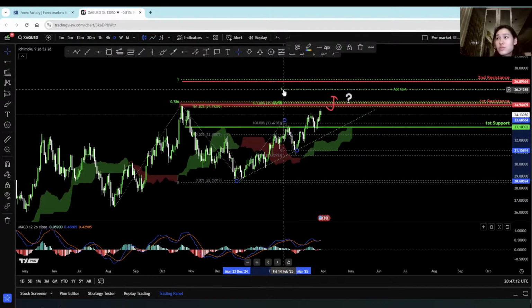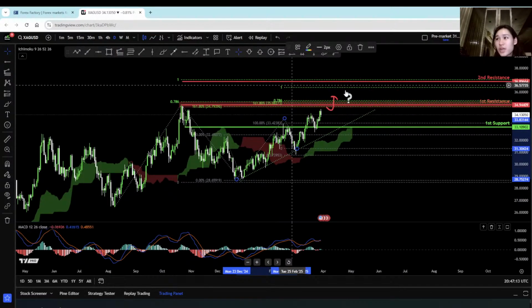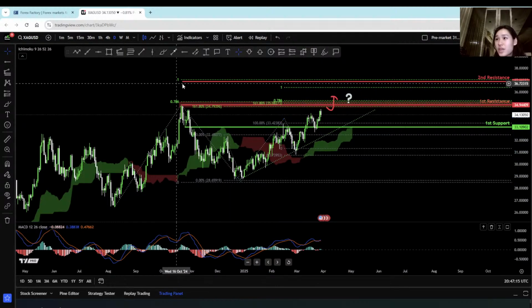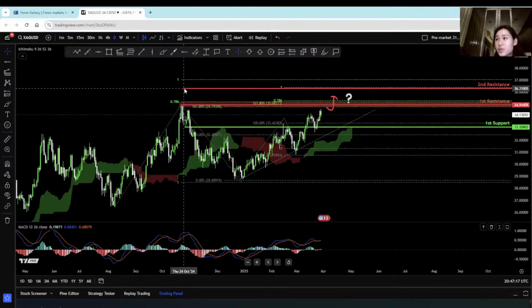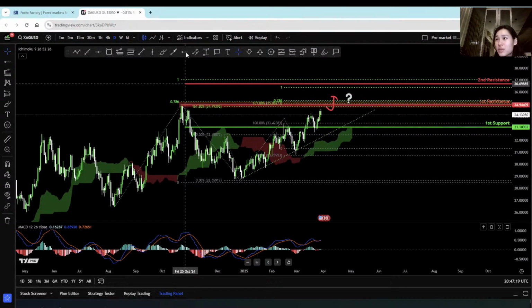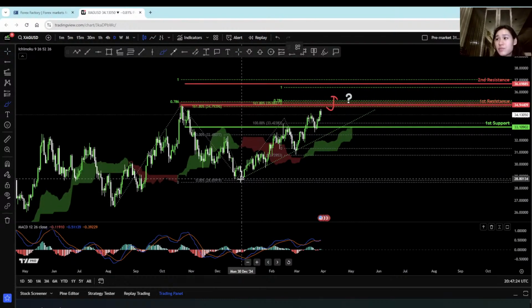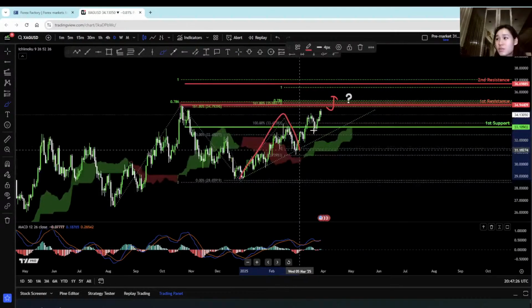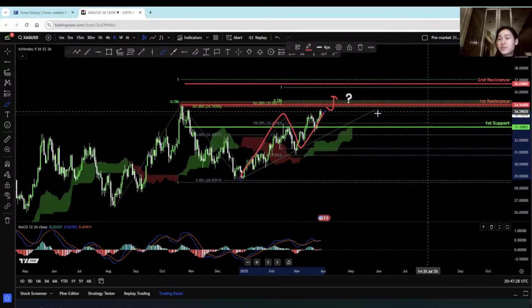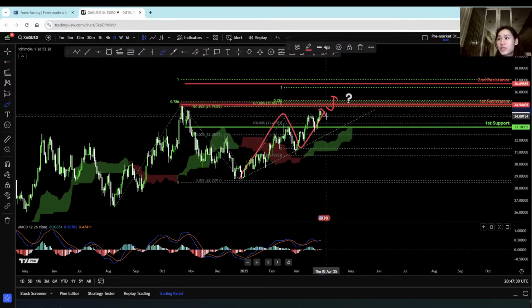You can keep the 100 if you want. It doesn't really line up with our second resistance, but you can place it somewhere in the middle. This is again a projection, so I'm using this lightning bolt kind of shape, and we're projecting.